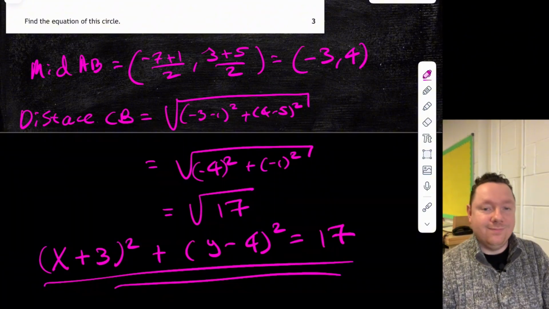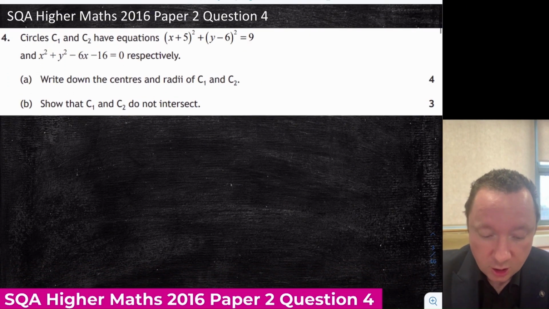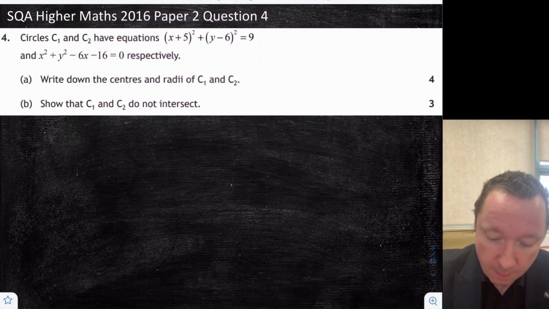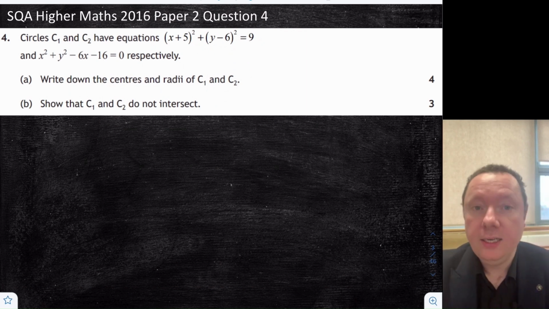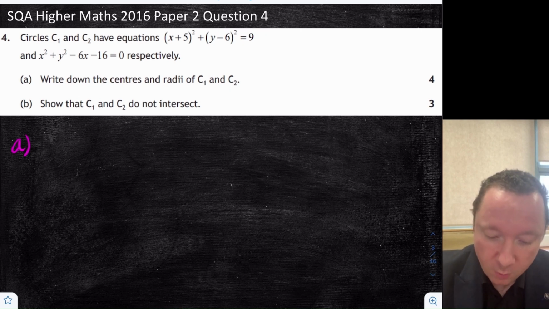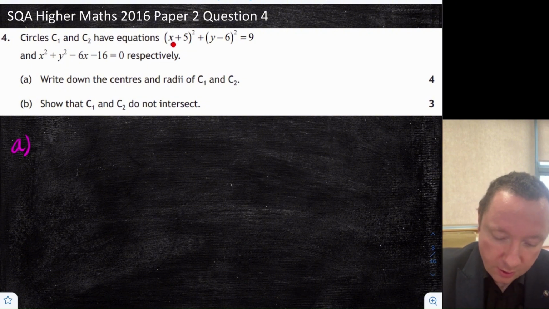Higher Maths 2016, Paper 2, Question 4 had this circle question. Circles C1 and C2 have these equations. Write down the centres and radii of the circles. So for part A, remember looking at the start of our exam paper, we are told quite a few things, but essentially minus 5, 6 is the centre here.